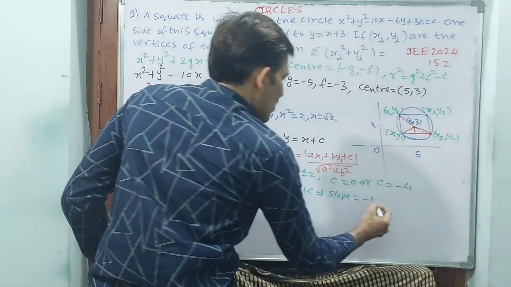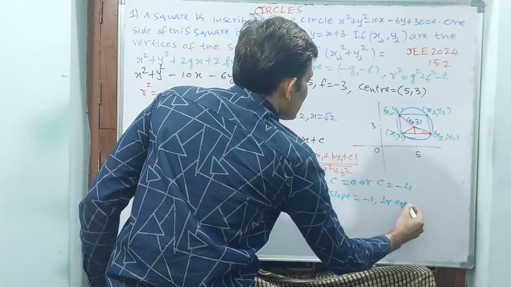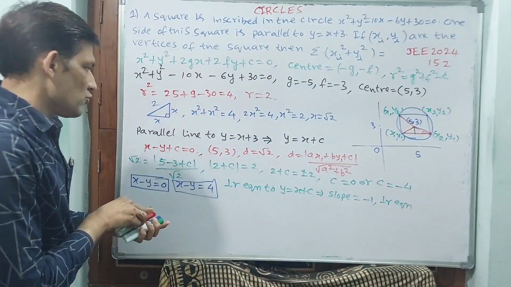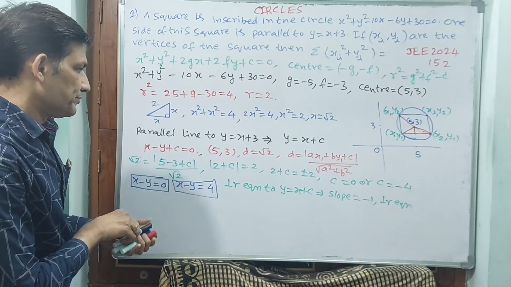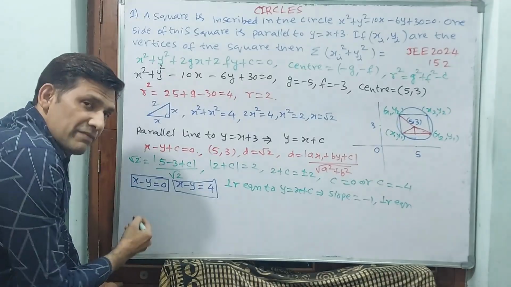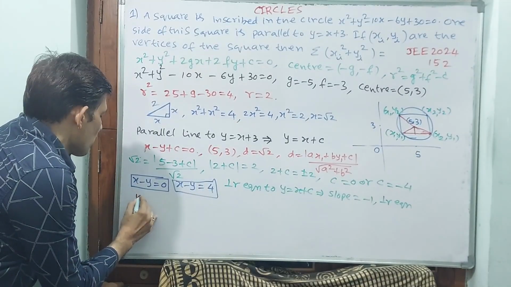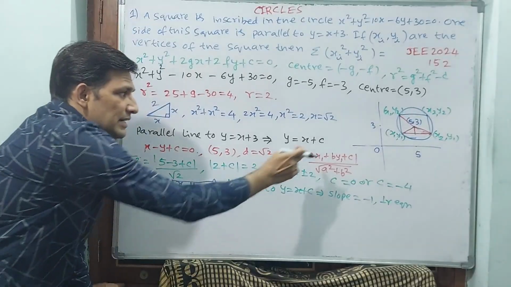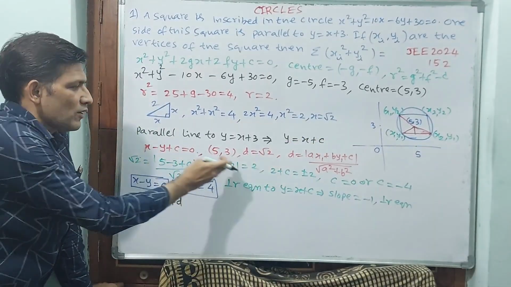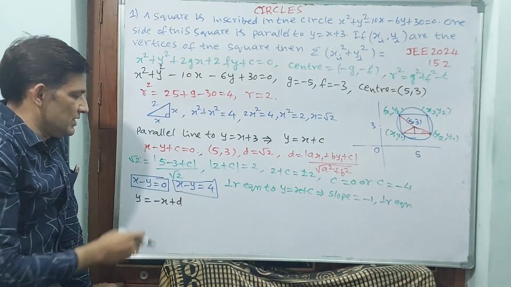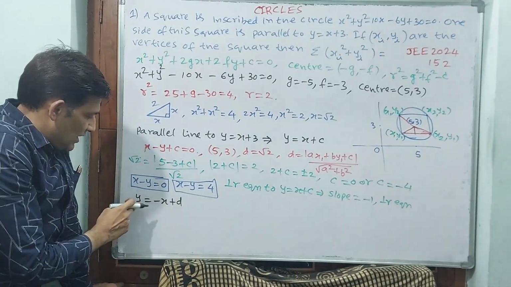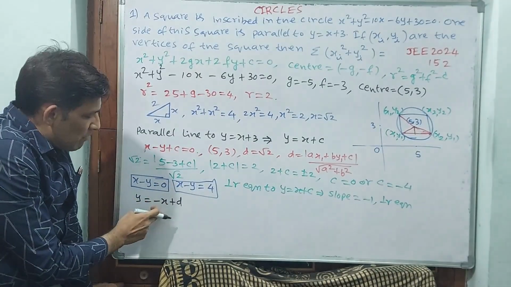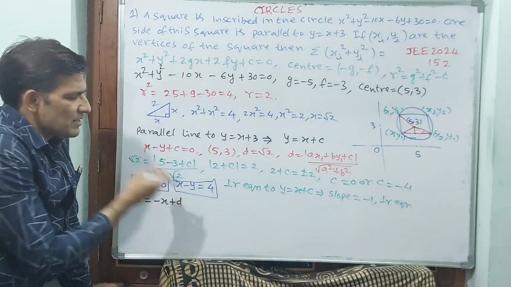That means the perpendicular equation is going to become y is equal to minus x plus d. Why have I taken d? Because here c already I have taken, we are going to get confusion again. That is why I have not taken c, I have taken d. Another constant.